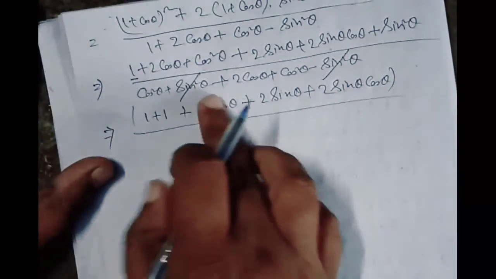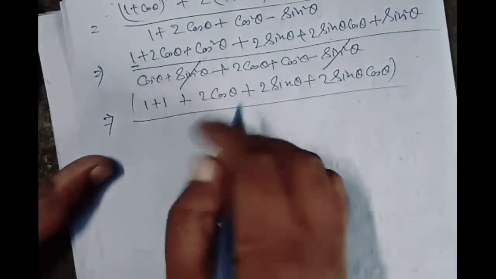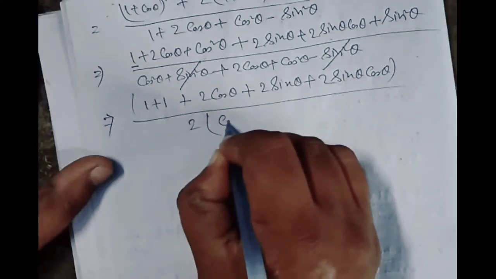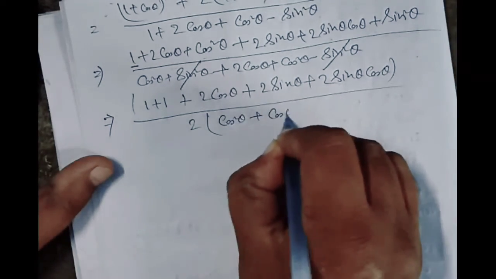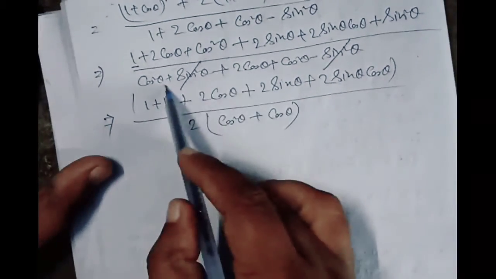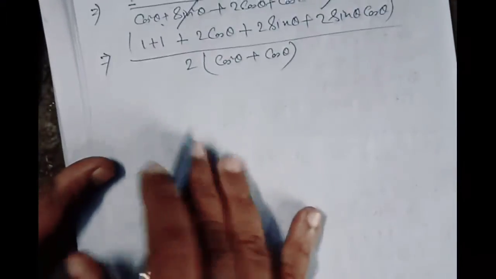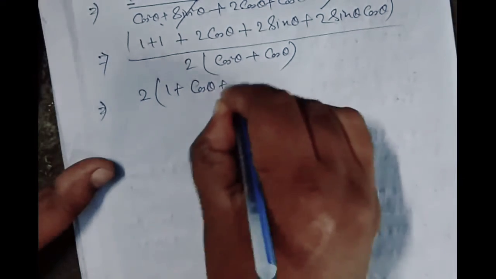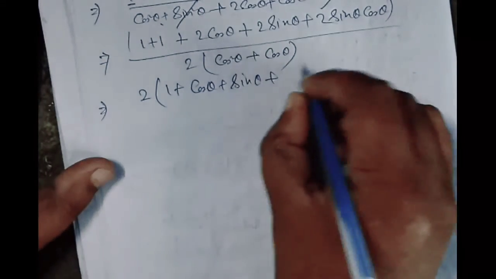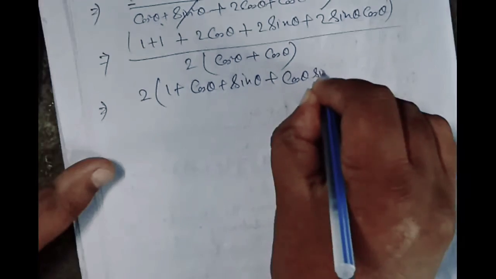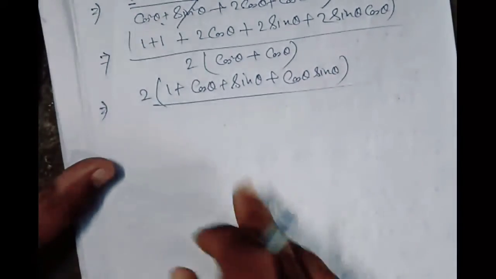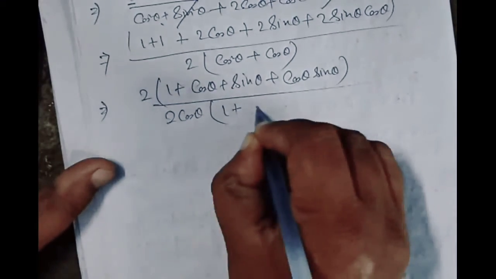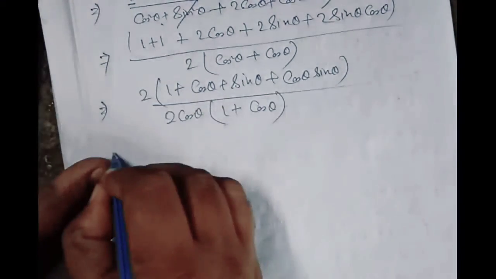And in the new denominator we are getting 2 common: 2 cos square theta plus 2 cos theta. So here we are taking 2 common, 1 plus cos theta plus sin theta plus sin theta cos theta, by 2 cos theta taking common, 1 plus cos theta.